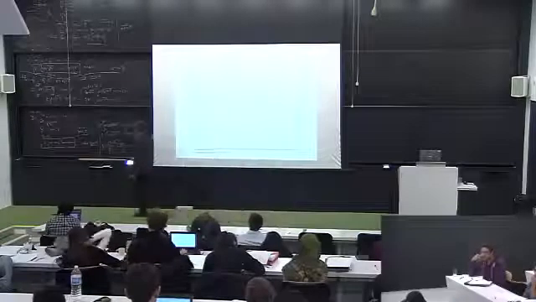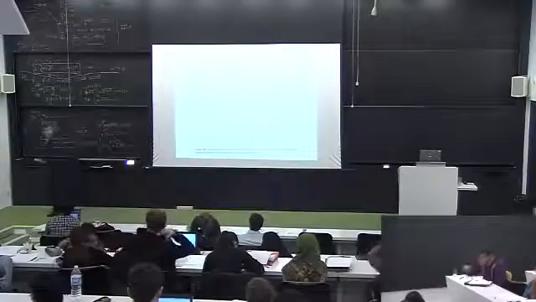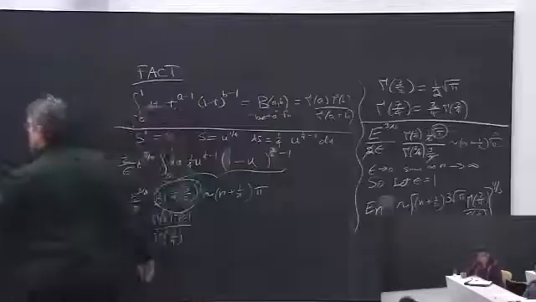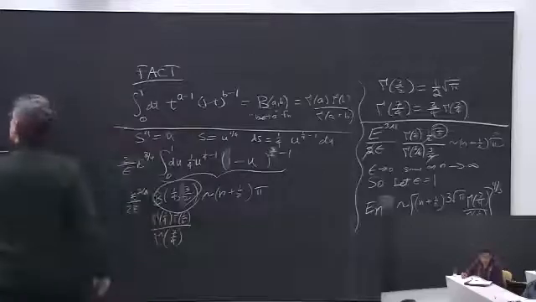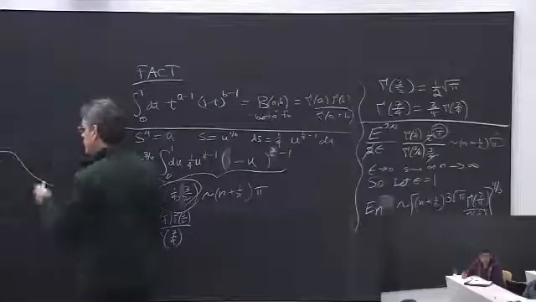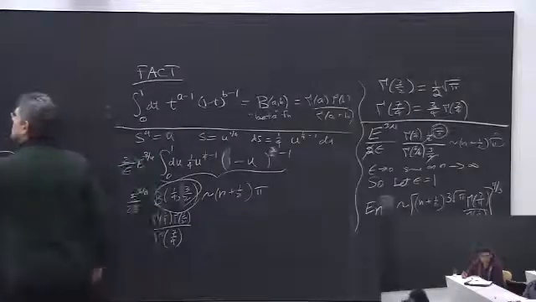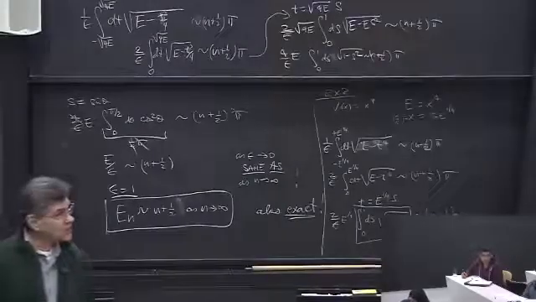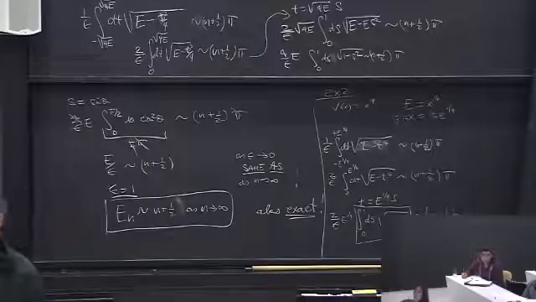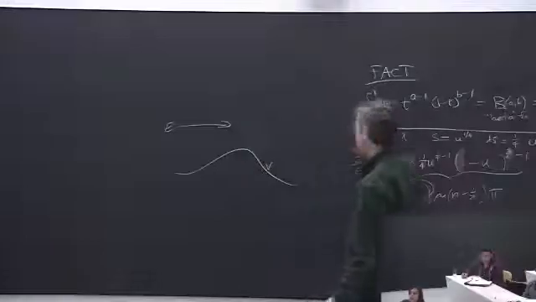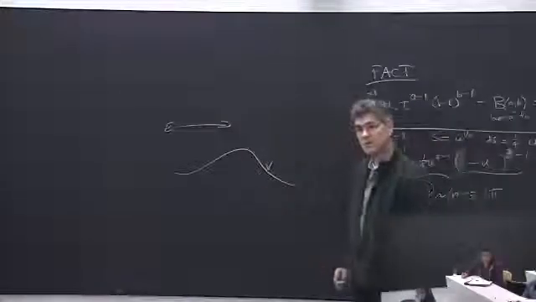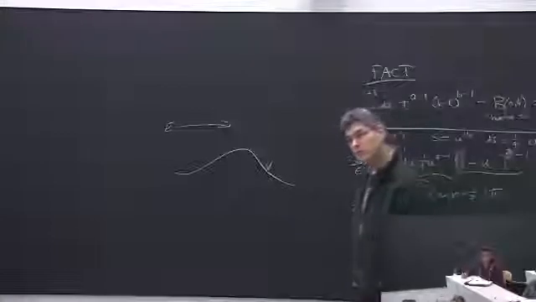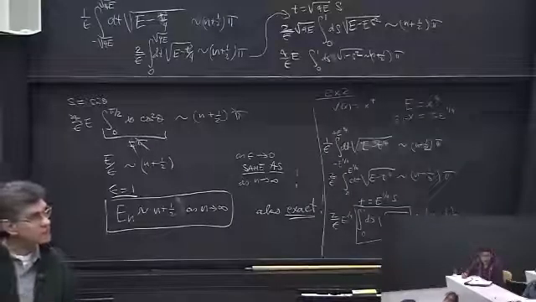If you are interested, for example, in the physics of what happens when you have a potential like this, and you have a particle beam, so this is the potential, and here's a beam of particles with energy E. You notice this beam of particles is going right through. It's above this potential. But suppose you want to know what really happens.